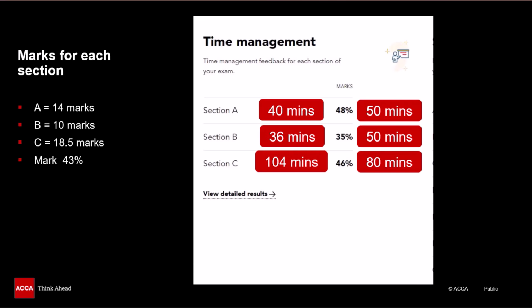They didn't manage their time effectively. You cannot spend too much time on one particular section. This is where you're finding the harder marks at the detriment of those easier marks. Please make sure you allocate your time effectively.